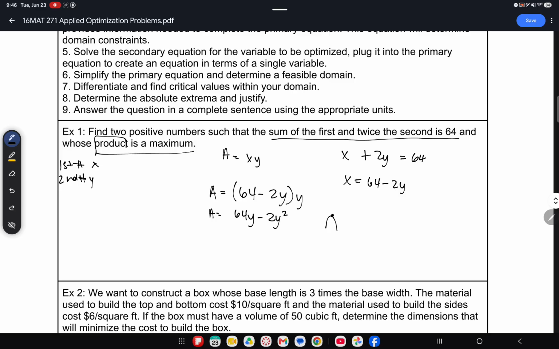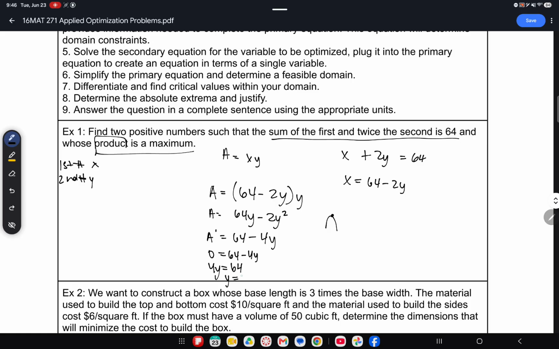To find the maximum, you could analyze the quadratic using your pre-calc knowledge, or we can do our calculus and do our derivative. So 64 minus 4y, right? And then we want to solve for 0.